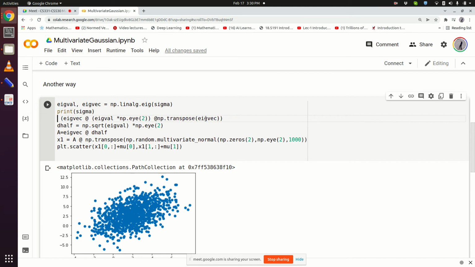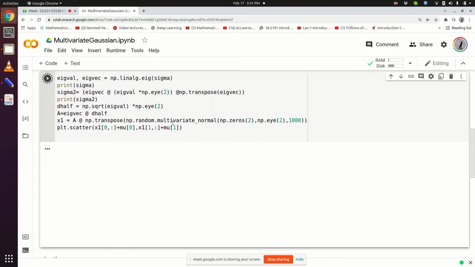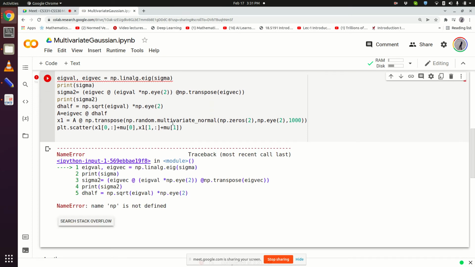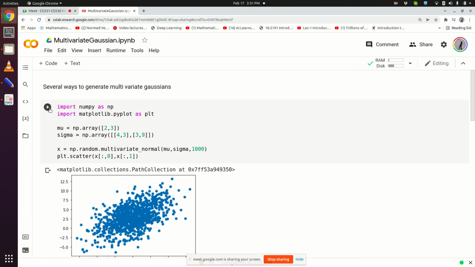This whole thing I will call sigma 2, and then print sigma 2. It takes a little while. It says np not defined, so I have to start from the top.